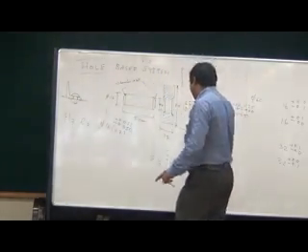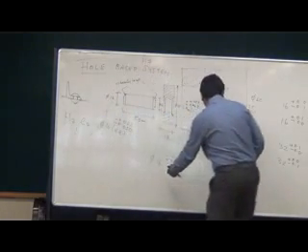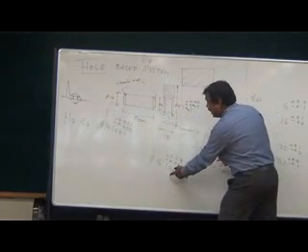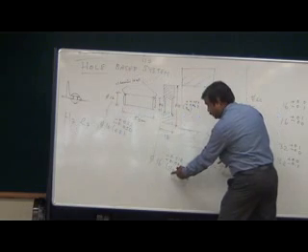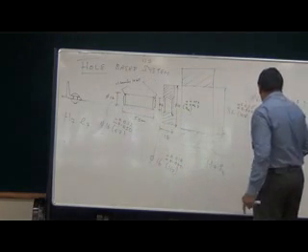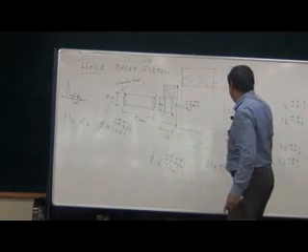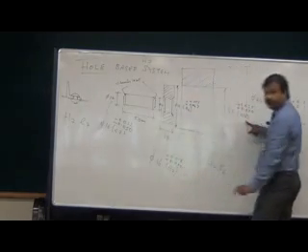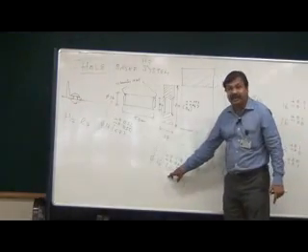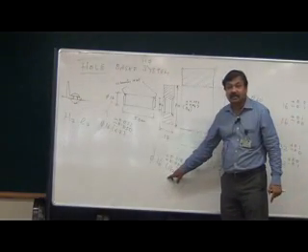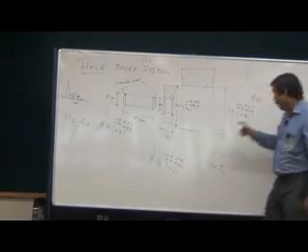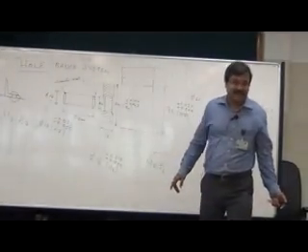See, for example, in both the cases, the hole dimensions are H7. Here also H7. But here, what type of fit do you get? Free running fit. Here, what type of fit do you get? Interference fit. How do you achieve that?